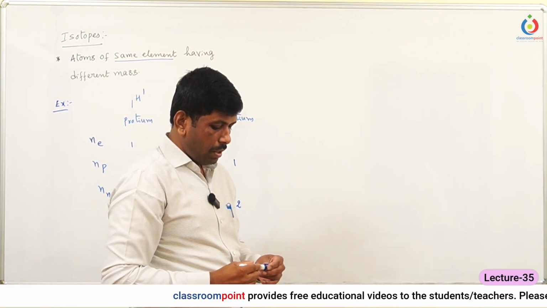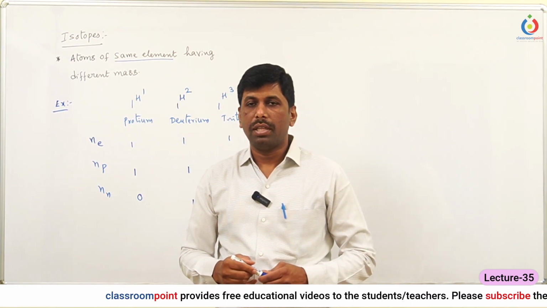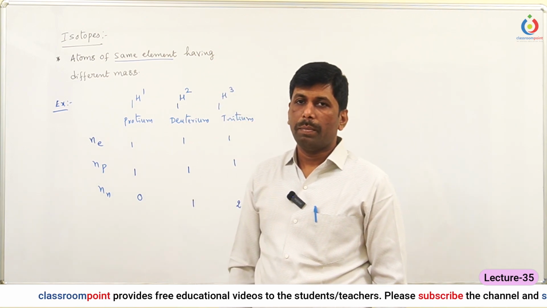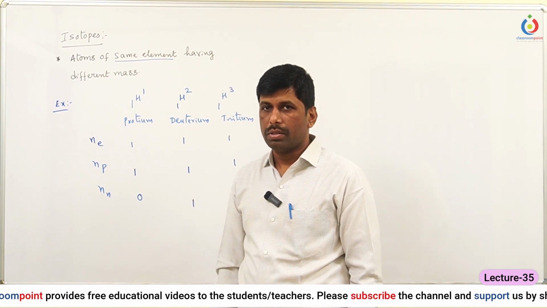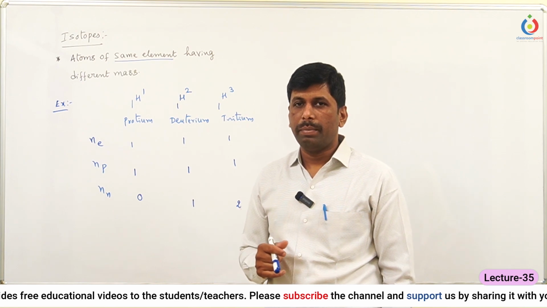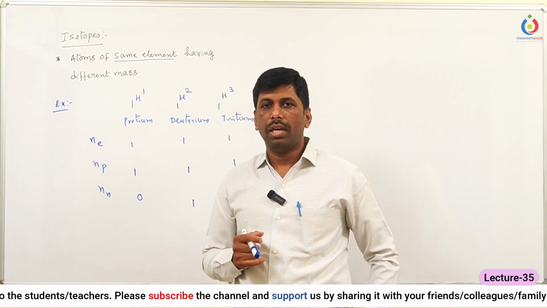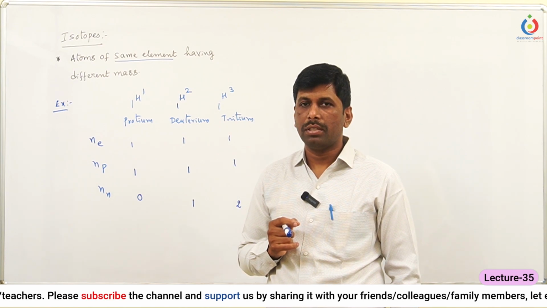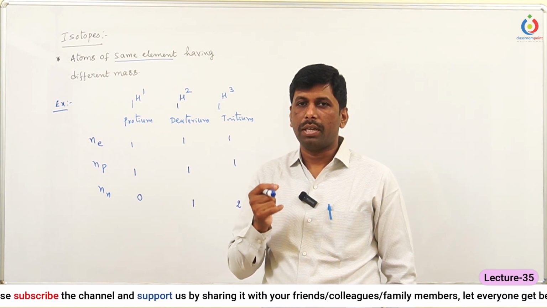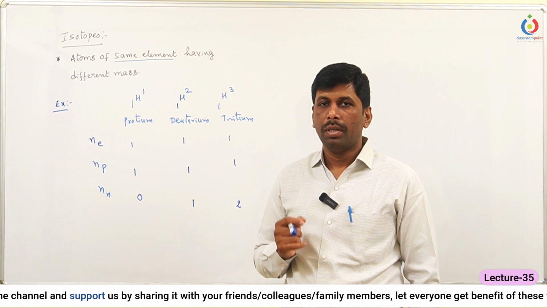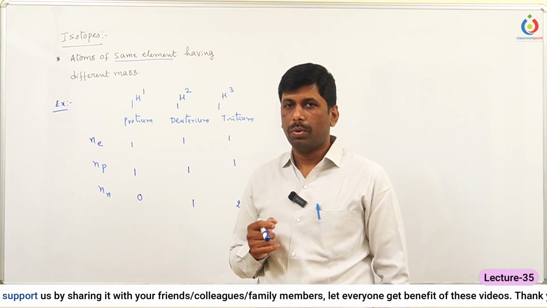Remember every time that physical properties usually depend on the mass number and chemical properties depend on the electrons. As long as the electrons remain the same, the electronic configuration also remains the same, then automatically they will have similar chemical properties. Why? Because only electrons participate in chemical bond formation, but not the neutrons and the protons.